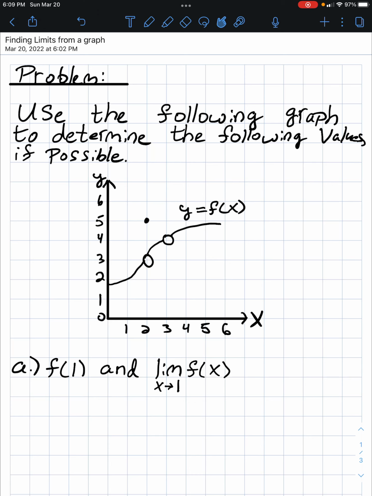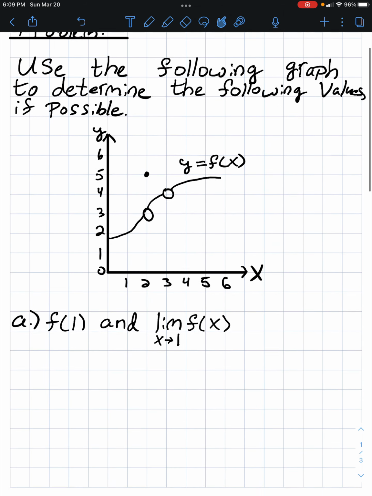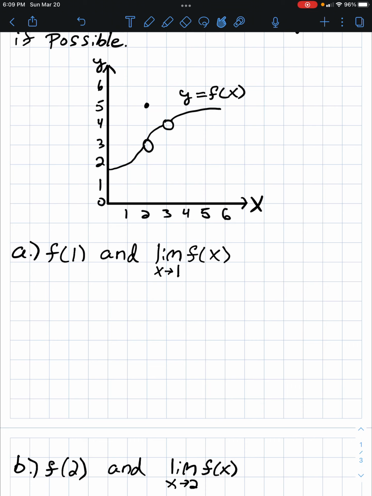The problem. Use the following graph to determine the following values, if possible. Part A, f of 1. So find f of 1 and the limit of f of x as x approaches 1.